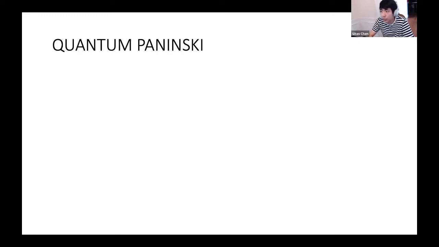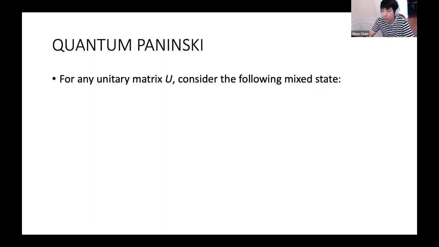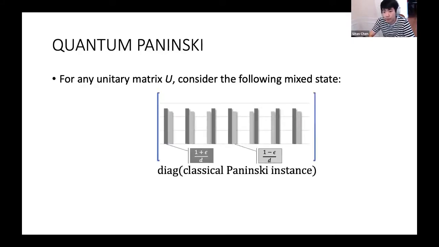Okay, so the starting point is the particular lower bound instance that we consider. And this is sort of a well-studied object by now. I call this a quantum Paninsky instance. So you start with any unitary matrix U, and you consider the following mixed state. You start with a diagonal matrix whose entries essentially correspond to the probabilities in a so-called classical Paninsky instance.